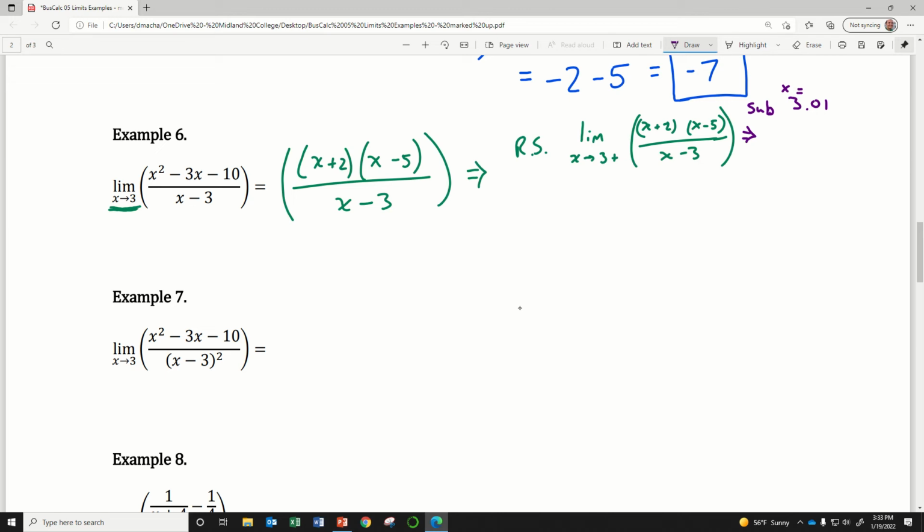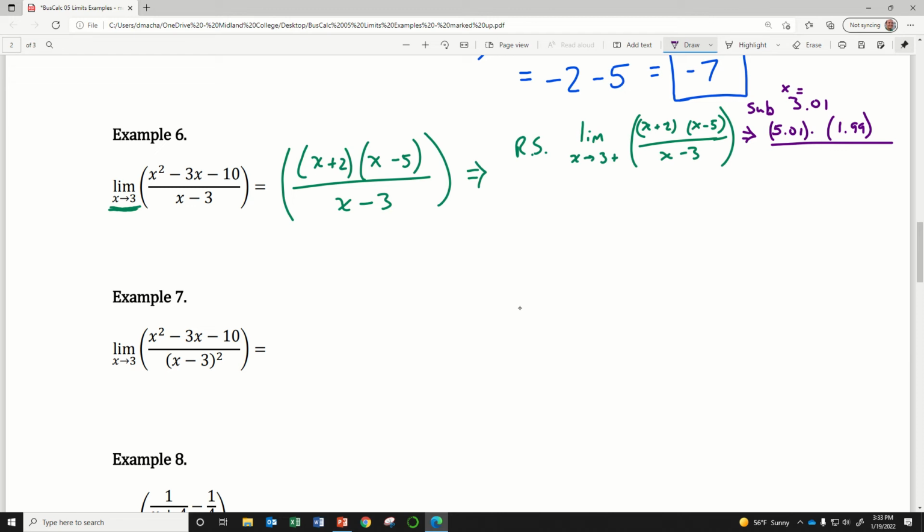expression here. And so 3.01 plus 2 would be like 5.01 in the numerator. And then for the factor x minus 5, well, 3.01 minus 5 would be like 1.99, I think. Is that right?